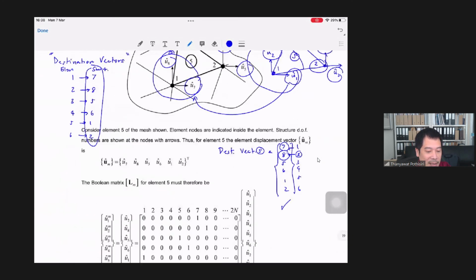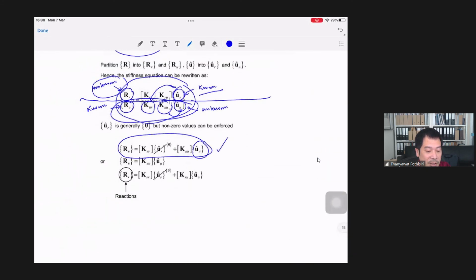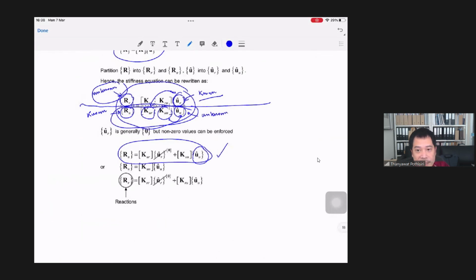Now, in solving this system of equations in a computer program, as I mentioned earlier, you don't want to deal with too many matrices.